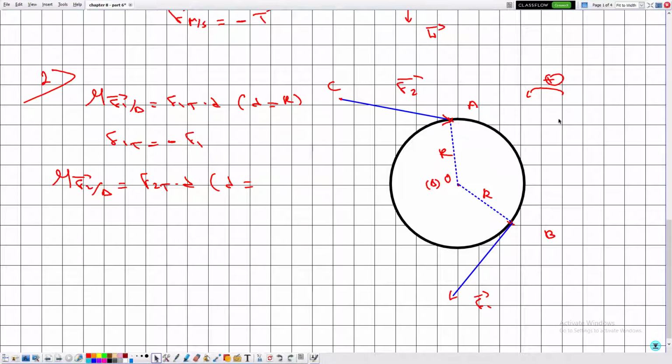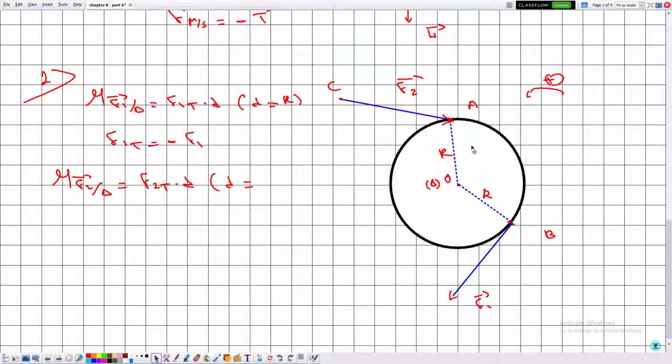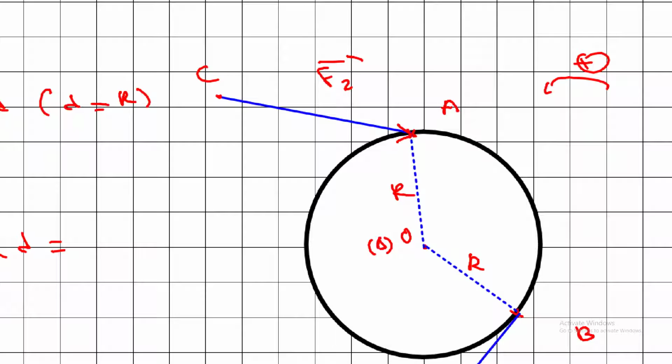Okay, so what do they mean by this? They mean that there is a force F2 that is trying to rotate the disk along this line of action and direction, but this doesn't mean that the point of application of the force F2 is the point C. It should be the point A because it is the point of contact between the disk and the force F2.